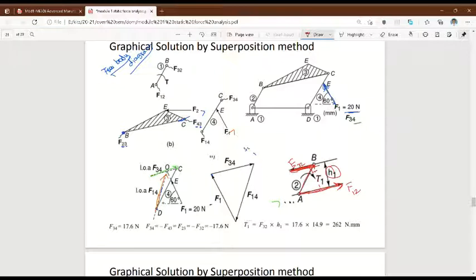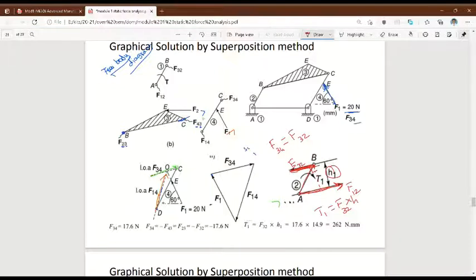Now T1 equals F32 into H. And one more thing, F34 and F32 are equal. They are acting in opposite sides.